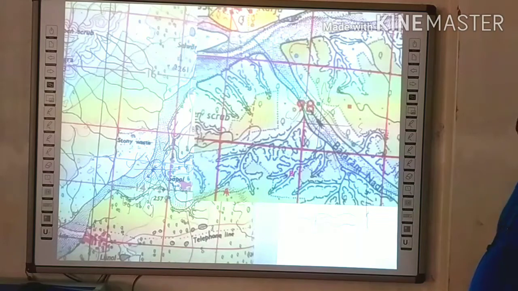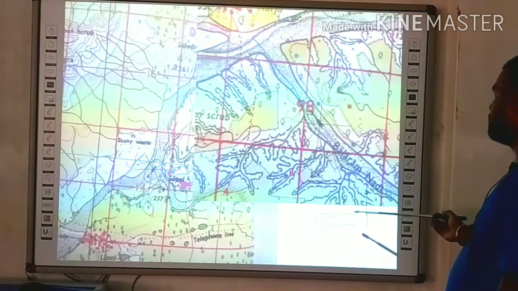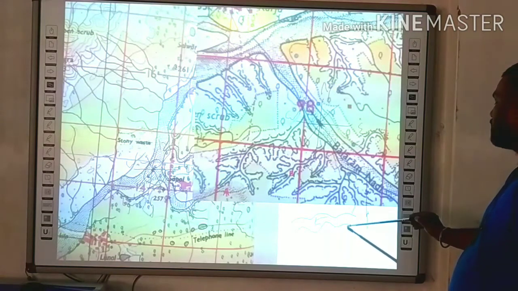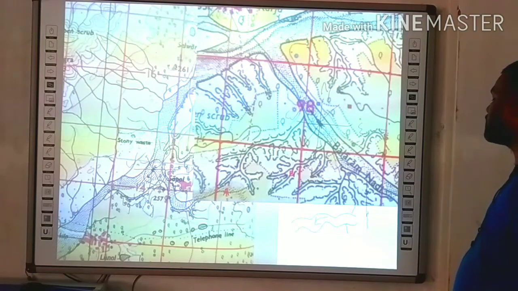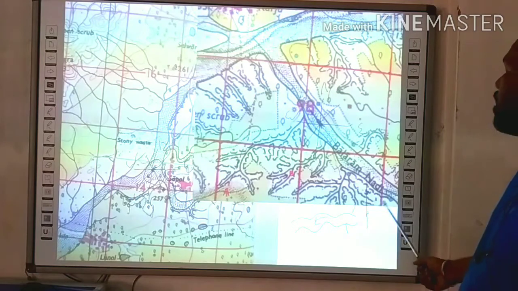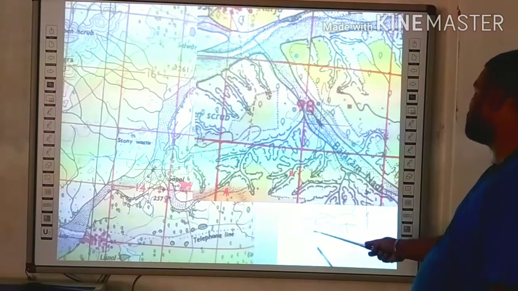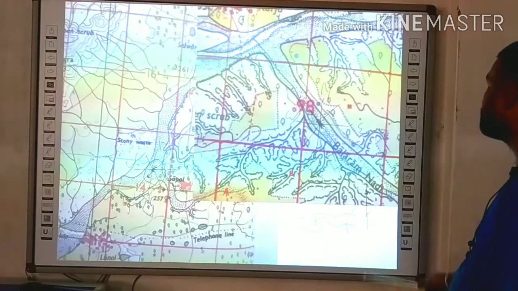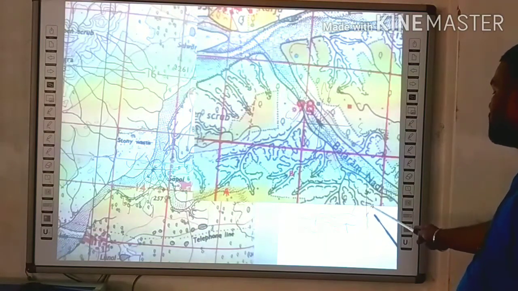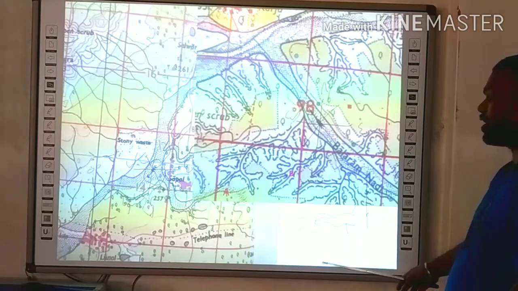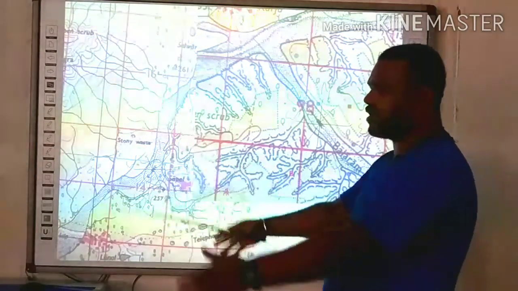Now which will be my right bank and left bank? My right hand side will be my right bank, whereas my left hand side will be my left bank. So how to find the direction of a river, or the right bank and left bank of a river, is very easy. I hope you understood. Try these things.